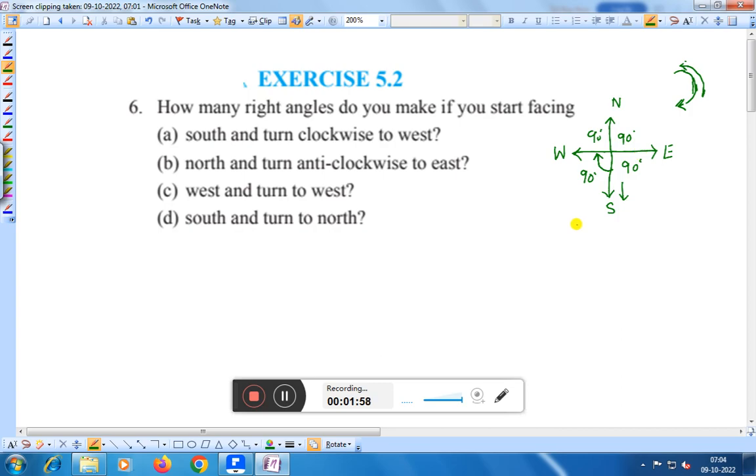That is from south to west, only one right angle.